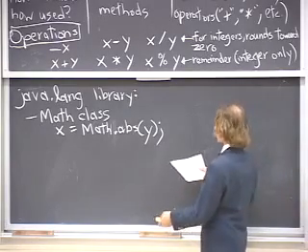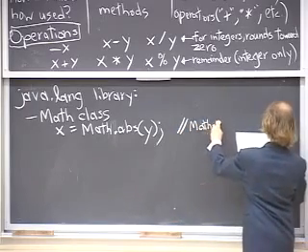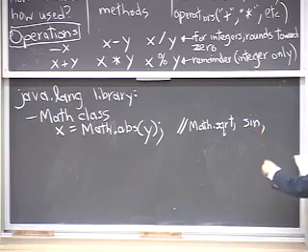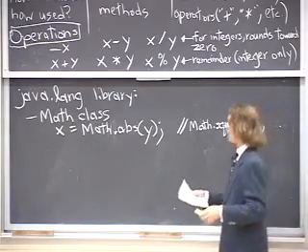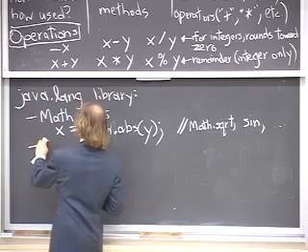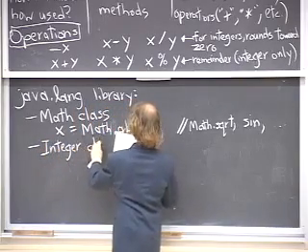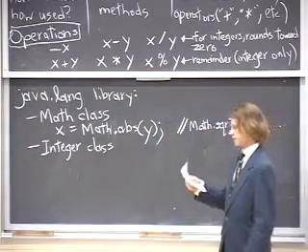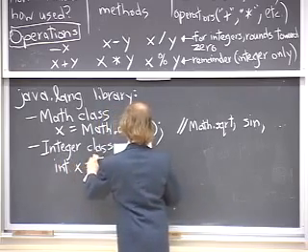And this is also the place to look for things like square root, sine, cosine, and lots of other trigonometric functions. But sometimes operations that are useful for dealing with primitive types are found in other classes. Like the Integer class has a particularly useful method called parseInt, which converts a string to an int.